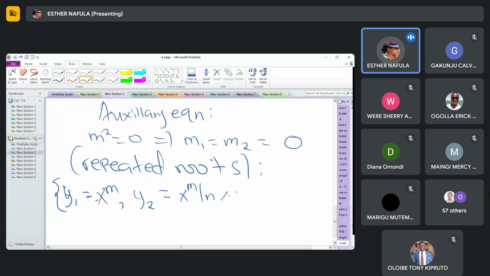If it's Cauchy-Euler in R, where m is repeated, the root is equal to 0.